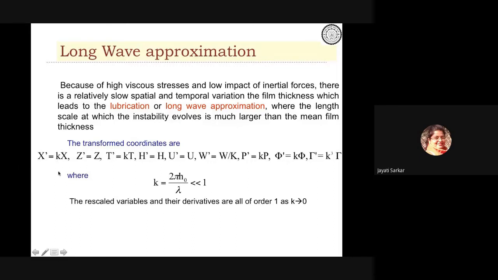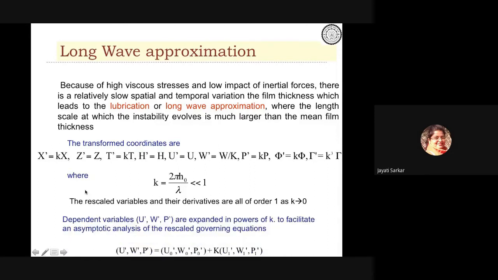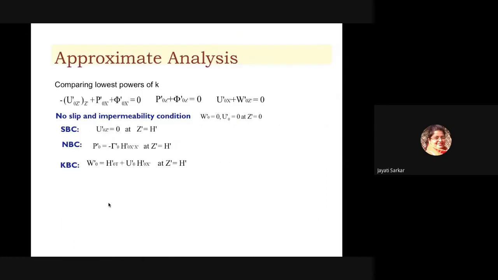If I multiply them, then all the important variables and their derivatives are considered to be of order 1. And so we can expand the dependent variables like the velocity and the pressure fields with respect to this k variable. Once we do it, we recast the non-dimensional equations into this form.